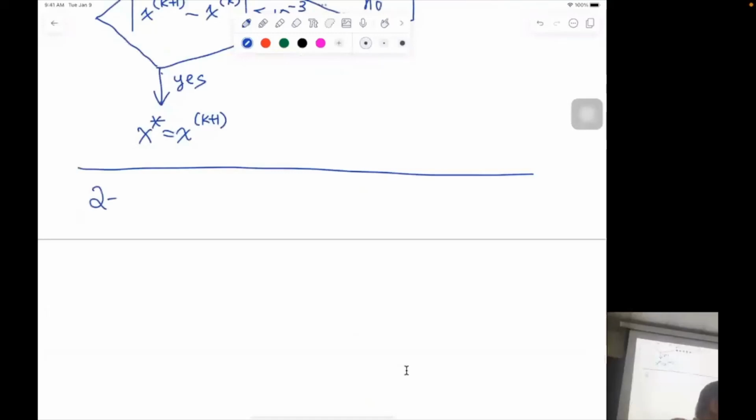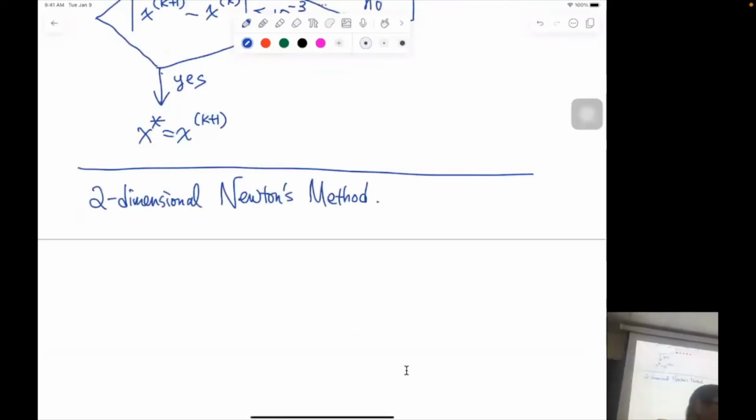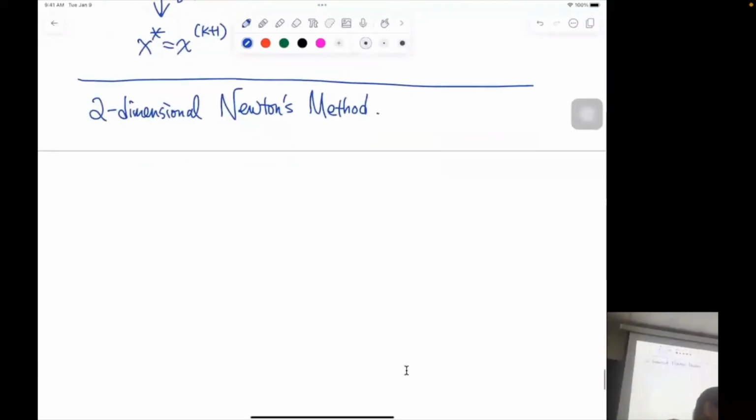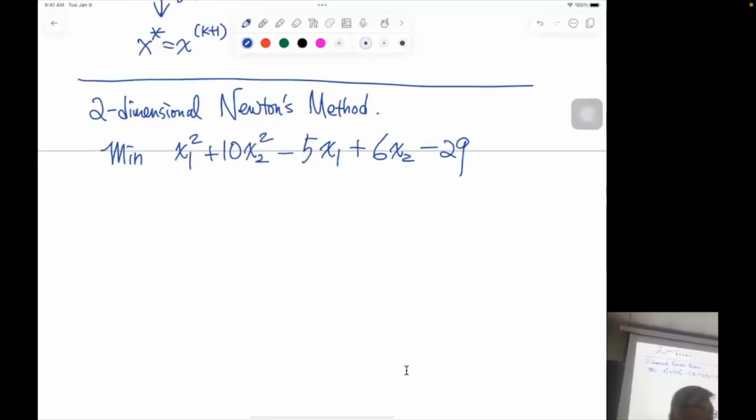Now, two-dimensional Newton's method. Okay, let's try it. So, I need to formulate a problem, minimizing, let's say, x1 squared plus 10 x2 squared minus 5x1 plus 6x2 minus 29, something like this.